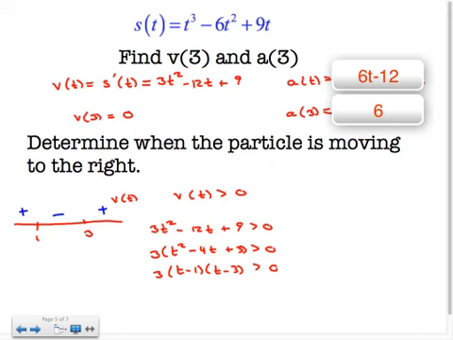So the particle moves right on intervals where the velocity is positive, left on intervals where the velocity is negative. Okay, so since we didn't have any restrictions here, we'll say negative infinity to 1 and 3 to infinity. A lot of times the domain gets restricted, because you think of t being time, but that doesn't always have to be the case.